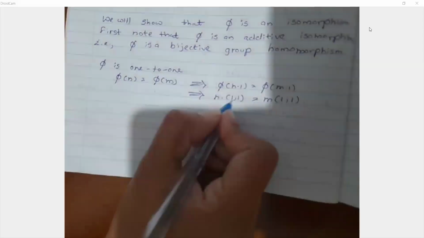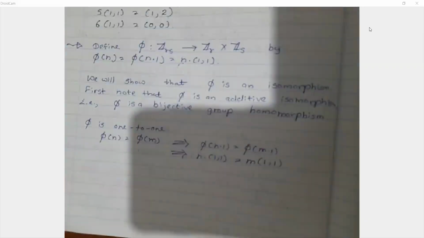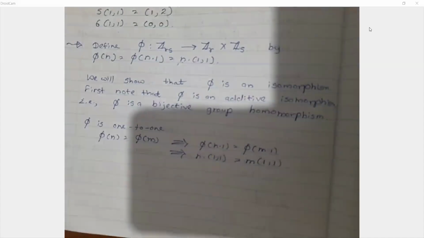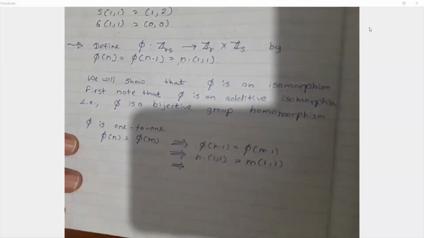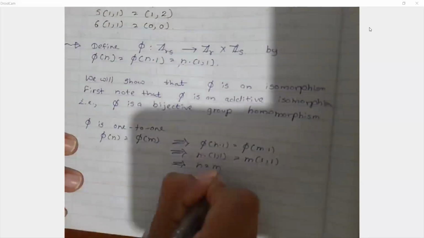You add the first component n times modulo R. You add the second component n times modulo S. And when you go to the other side, once you do that, you should get the same answer if for the first component you add it m times modulo R, and for the second component you add it m times modulo S. All in all, we can conclude that the only possibility of that even happening would be to have n equals m.